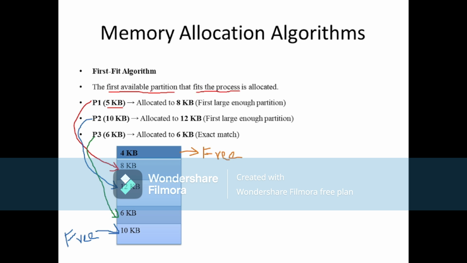If you start from the first partition of 4 KB, P1 cannot fit in this partition. So it goes to the next partition, which is 8 KB. Yes, 5 KB can be allocated in 8 KB. So this second partition is allocated to P1, because it is the first available partition which fits the process.